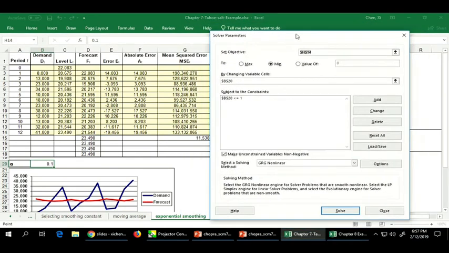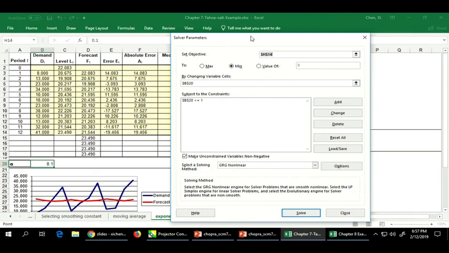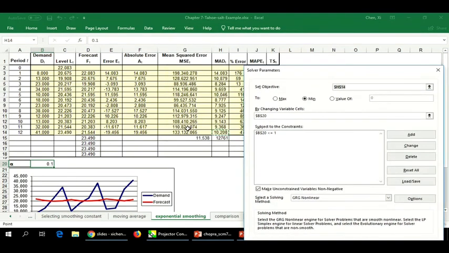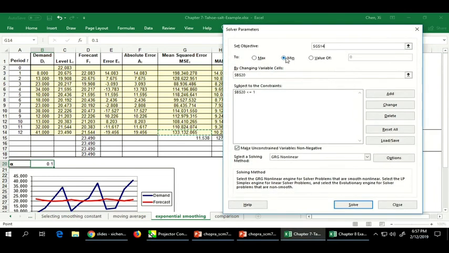We'll set the objective, the most common objective being mean squared error. And then we're minimizing mean squared error by changing the alpha value, subject to the constraint. The only constraint we need is alpha should be between 0 and 1. And then using GRG Nonlinear to solve.